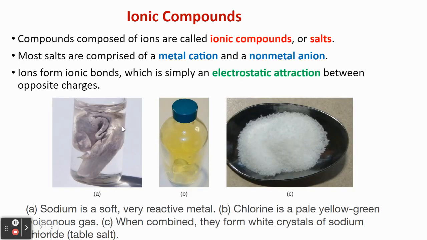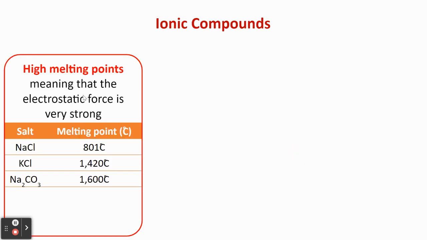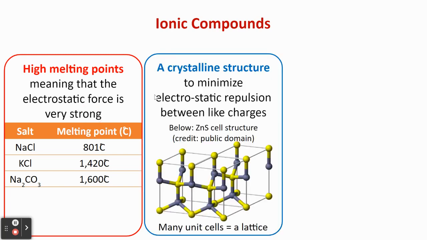So here's a sample of sodium, which is a soft reactive metal, and a sample of chlorine, which is a pale yellow poisonous gas. And when they react together, they form a white crystalline solid called sodium chloride. Now, ionic compounds typically have high melting points. That means their electrostatic forces are really strong.